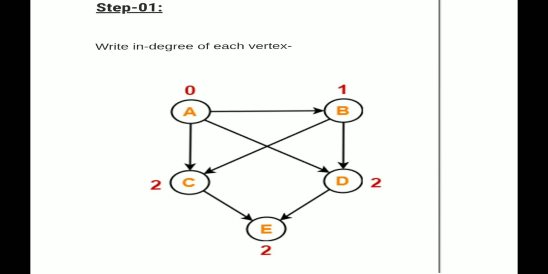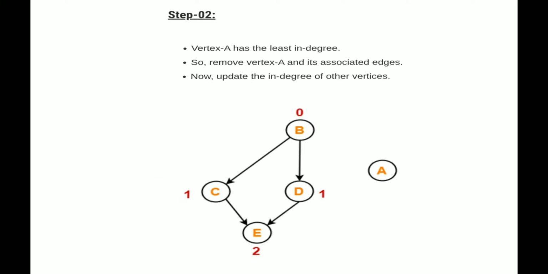One edge is from A to B and another edge is from A to C. So here we have successfully removed vertex A and the associated edges also. Then update the graph.